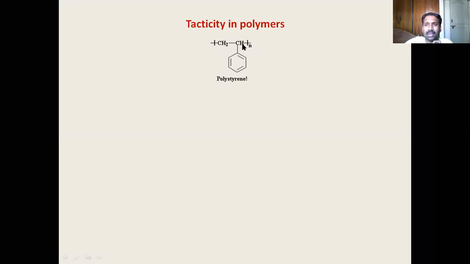When does this become achiral? Very important. Of course, very rare, but this can become achiral. What is the condition if this has to become achiral? Shall I repeat the substituents? Hydrogen, phenyl, alkyl chain, and the other side also alkyl chain. How can this become achiral? When will this become achiral?